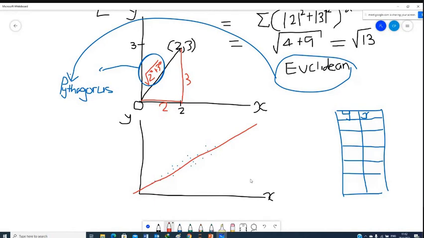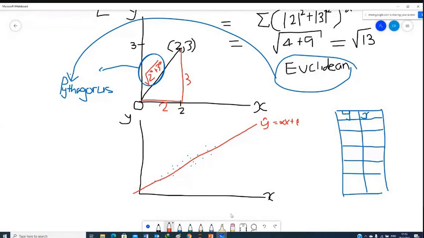So this becomes your model, y represented by some alpha x plus some constant, your estimated line of fit to fit the data points.